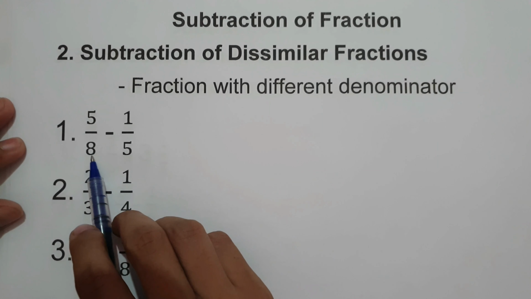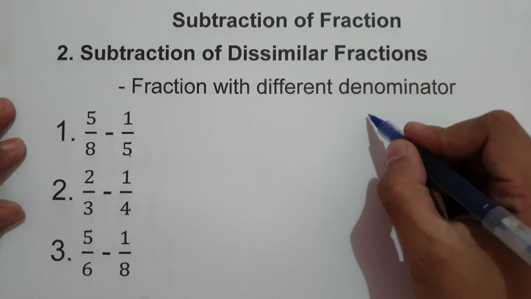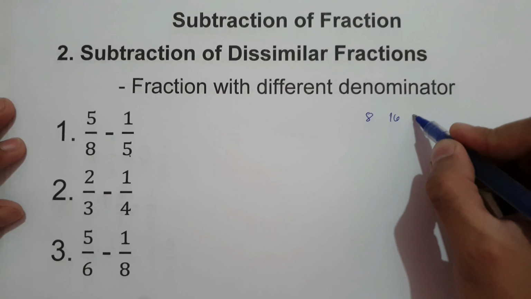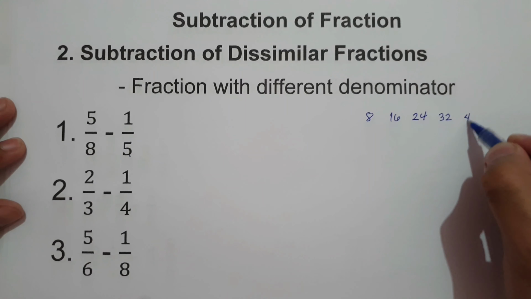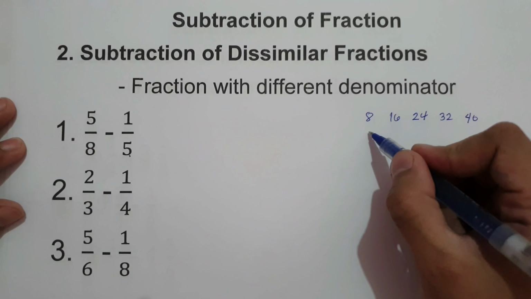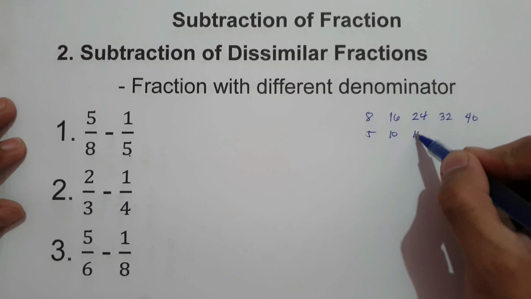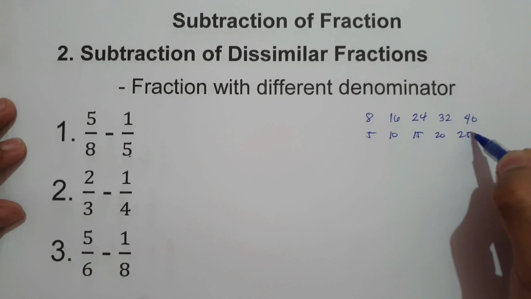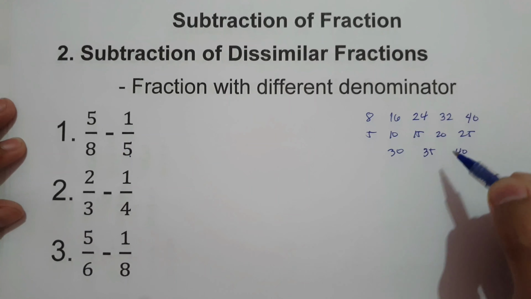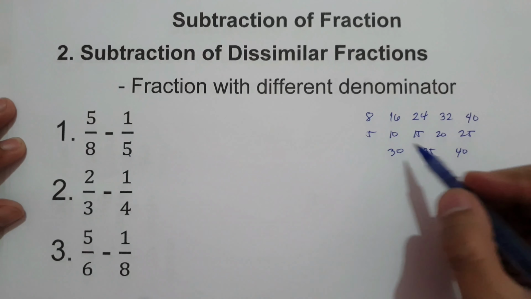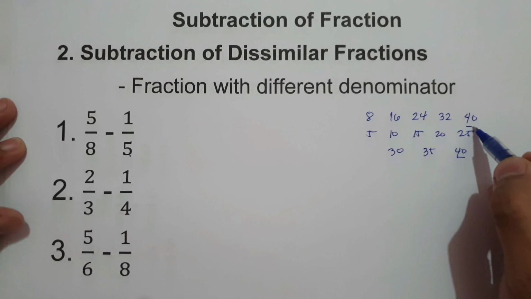So in this case, 8 and 5, the multiples of 8 are 8, 16, 24, 32, and 40. Multiples of 5, that is 5, 10, 15, 20, 25, 30, 35, 40. So the least common multiple of 5 and 8 is 40.